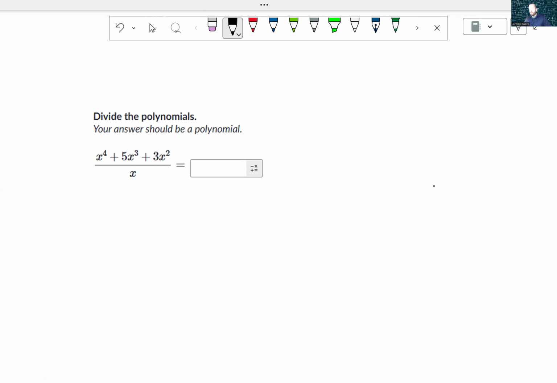You would do this with the top and the bottom, but on the bottom there's nothing to factor out, just an x. The greatest common factor on the numerator, we can factor out an x squared, and that leaves us with x squared plus 5x plus 3, divided all of that by x.